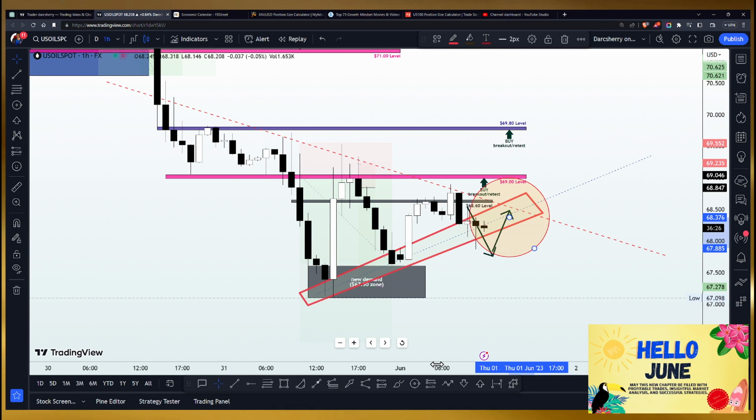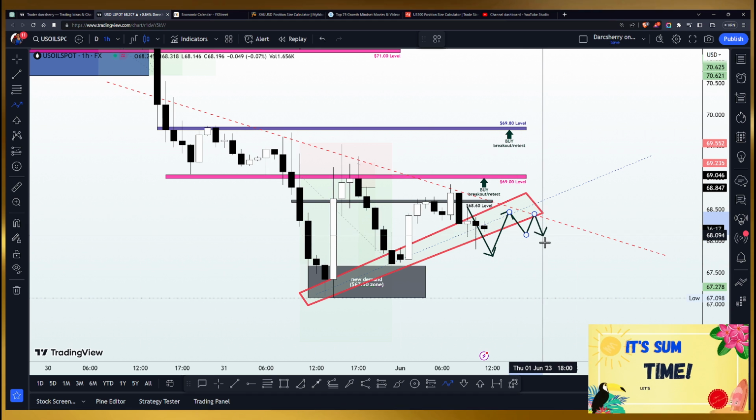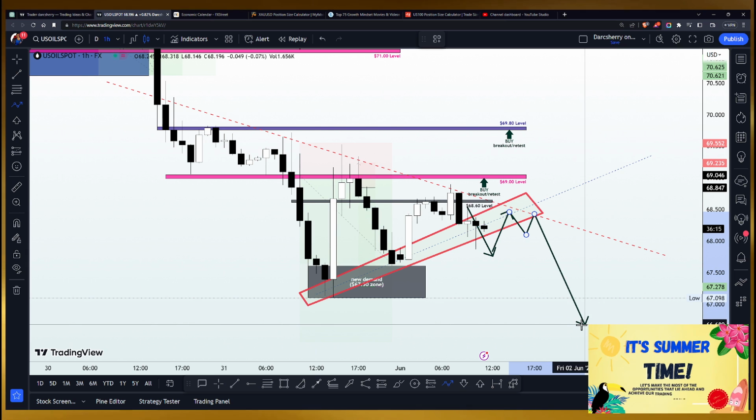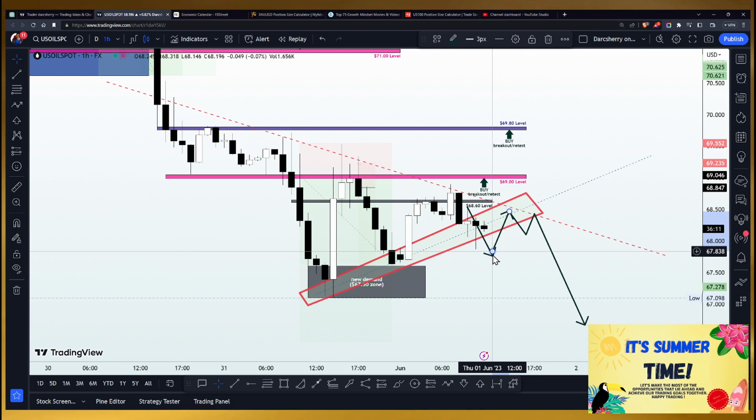So we want to see price action retest it, and continued selling pressure around that area will further confirm that sellers are still strong in the market. Then we could join the bearish momentum to the downside. So this is how we are going to be selling the US oil spot today.